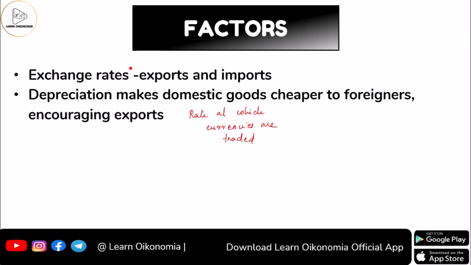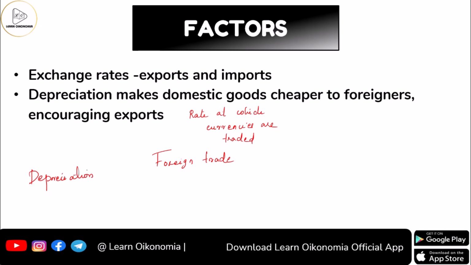And this plays a very important role when it comes to foreign trade, export and import. What happens if there is something called depreciation, which is very much automatic, which happens as a result of market forces of demand and supply?